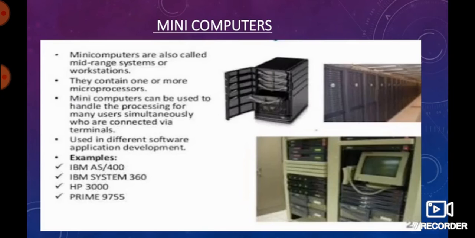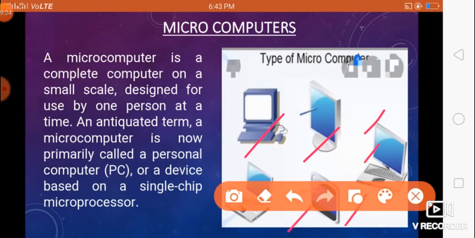Okay, now let's discuss microcomputers. A microcomputer is a complete computer on a small scale designed for use by one person at a time, because the remaining systems are very expensive and not affordable for all.